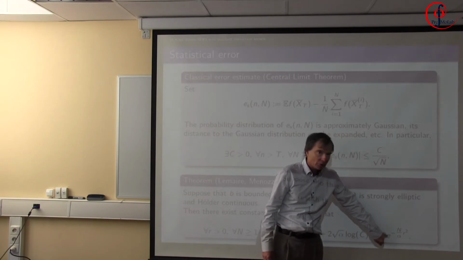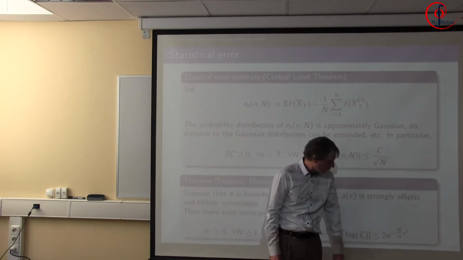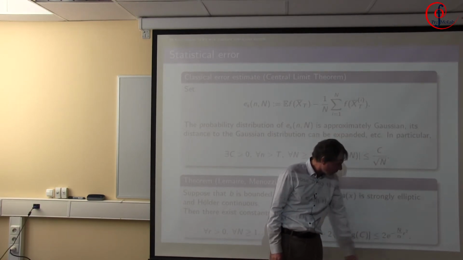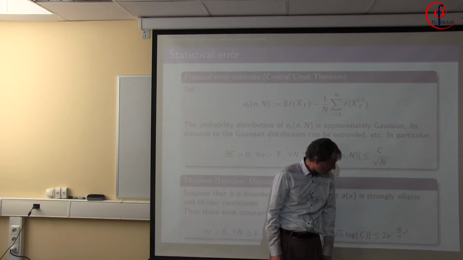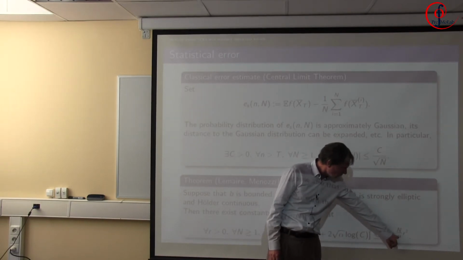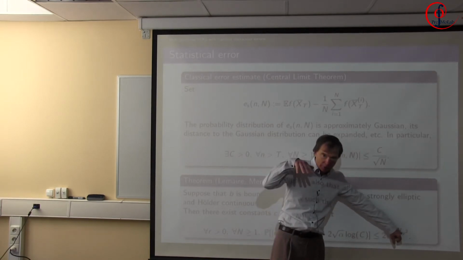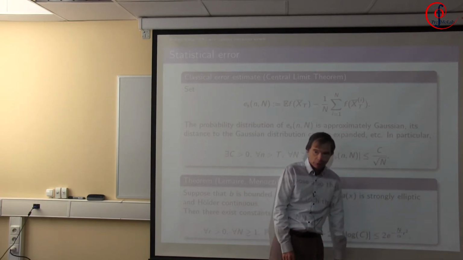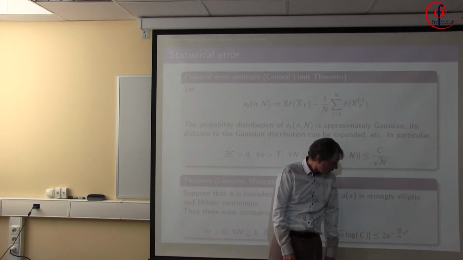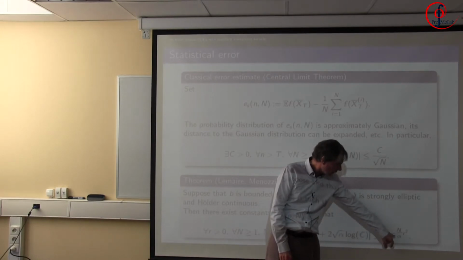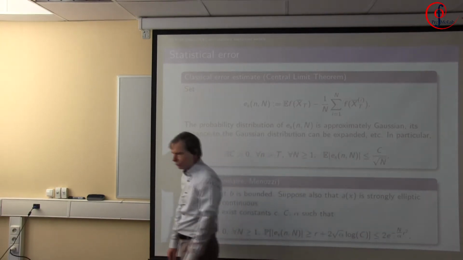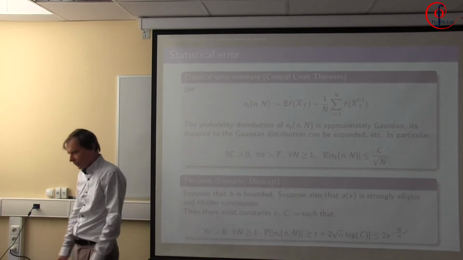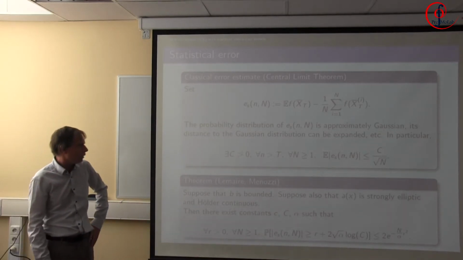So it goes exponentially fast to 0 in terms of the number of simulations, and it has a Gaussian decay in terms of R. And the constants here are uniform with respect to the discretization step of the Euler scheme.